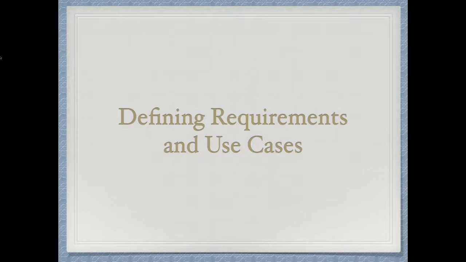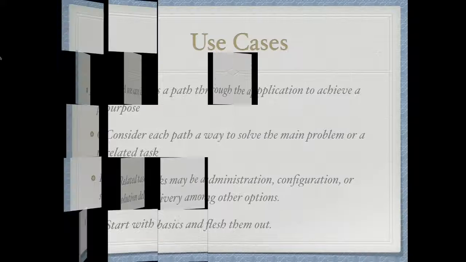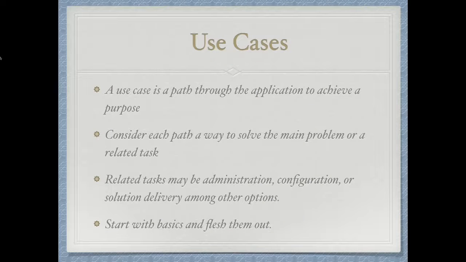So let's go looking at defining requirements and use cases, because once we've got the problem, that's our next step. Use case, if you don't know, simply put, is a path through the application to achieve a purpose.